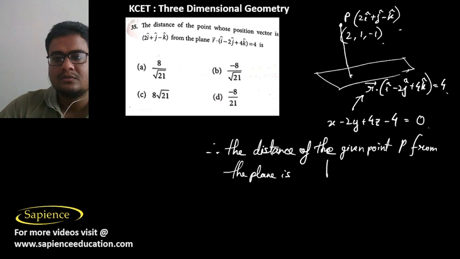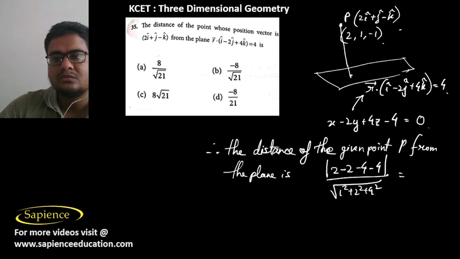mod of 2 minus 2 minus 4 minus 4, divided by square root of 1 square plus 2 square plus 4 square.